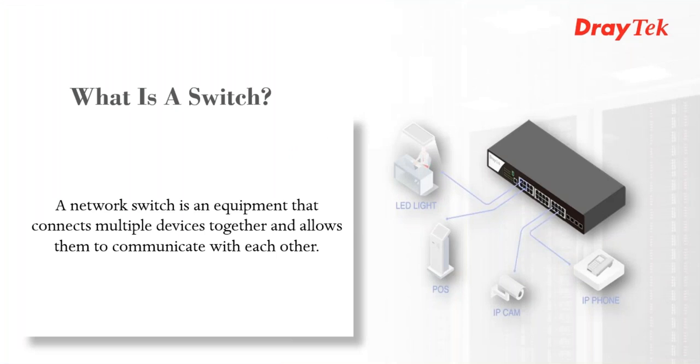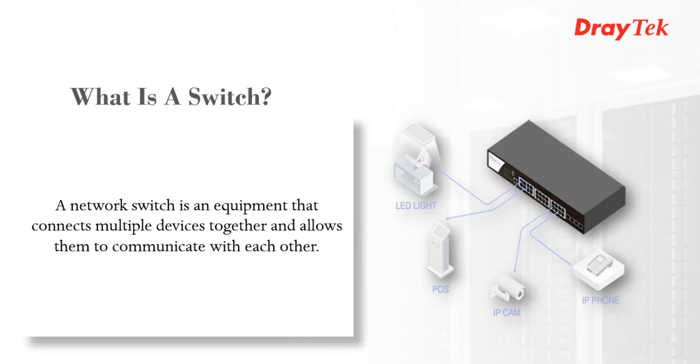What is a switch? A network switch is a crucial component in building a computer network. It allows multiple devices such as computers, printers, and servers to connect and communicate with each other within a local area network. We can think of a network switch as a traffic intersection where data packets from different devices are directed to their intended destinations.